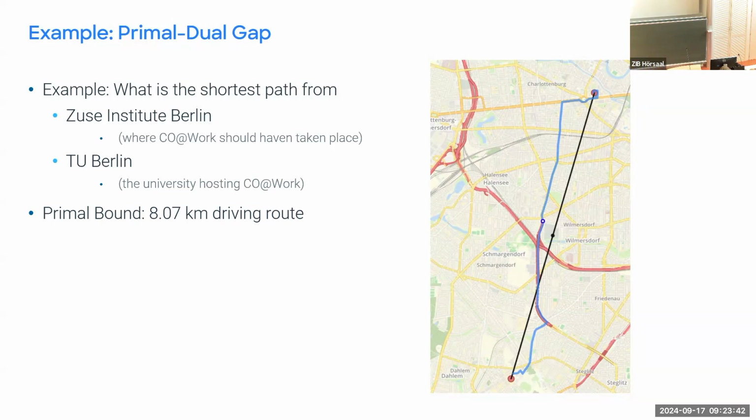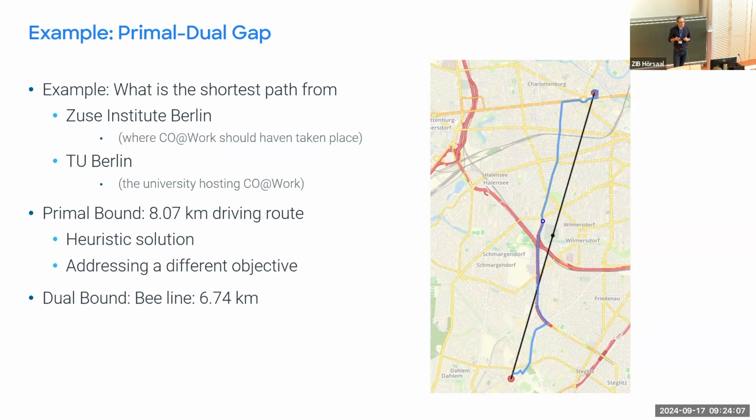It'll be pretty hard to compute the really shortest path that you can take. But what you can do is go on Google Maps and just ask, what's the shortest route by bike, for instance, or by car? And that gives you an 8.07 kilometer driving route. That's in some sense a heuristic solution. It's feasible, you could run it, but it addresses a slightly different objective, of course, because you might not be allowed actually to run on the Autobahn.